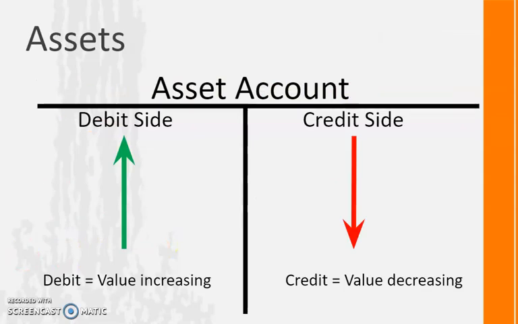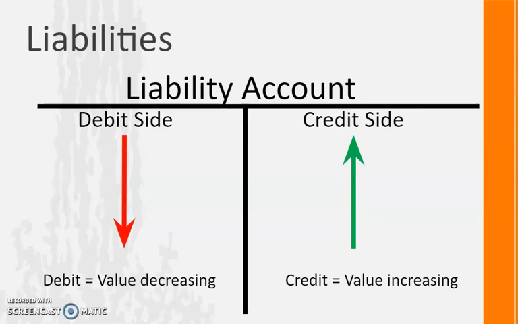However, when you look at a normal balance of an account, like an asset, a debit transaction does increase the value of that account. But what about if we did a debit transaction for a liabilities account? Liabilities are on the right side of the equation. They're on the credit side. If I do a debit transaction for a liabilities account, it would decrease the value of that account.